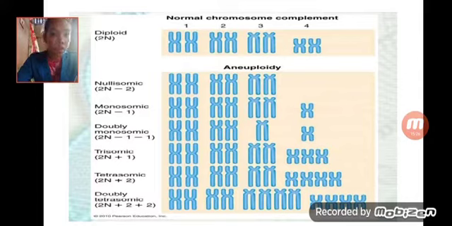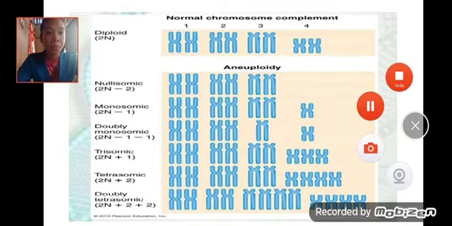You can see in this figure the normal chromosome complement, and the aneuploidy types: nullisomic is 2n minus 2, monosomic has 2n minus 1, doubly monosomic has 2n minus 1 minus 1, trisomic has 2n plus 1, tetrasomic has 2n plus 2, and doubly tetrasomic has 2n plus 2 plus 2. And now you can see the difference between the types of aneuploidy.